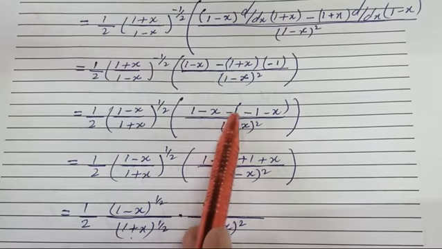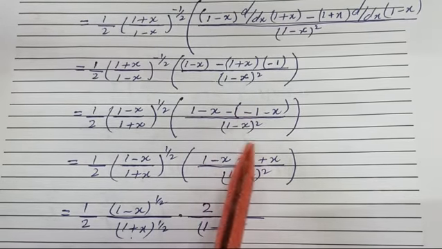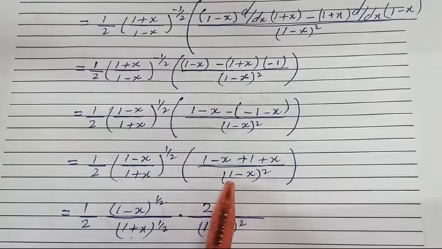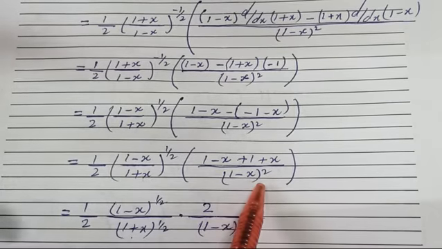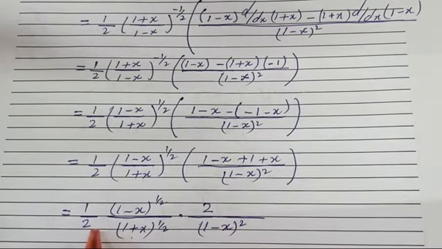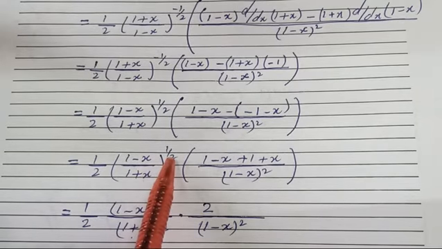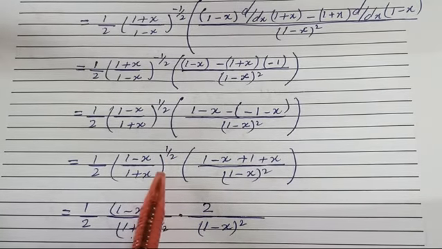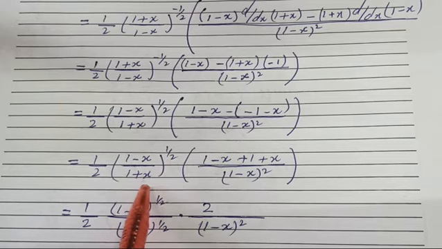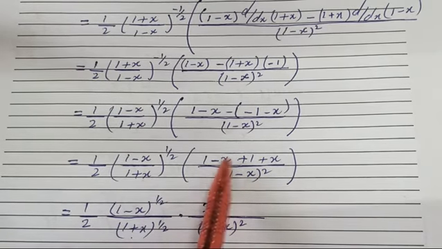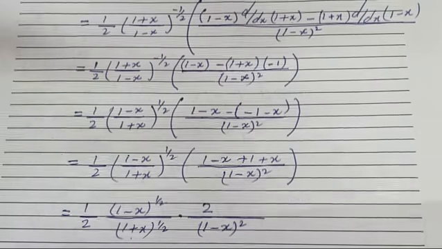When this minus multiplies with minus 1, minus minus is plus 1, minus minus plus x, and divided by 1 minus x whole square. In the next step, we can write 1 by 2, (1 minus x) to the power 1 by 2. Now write the power separately for numerator and denominator. Minus x plus x cancel out.